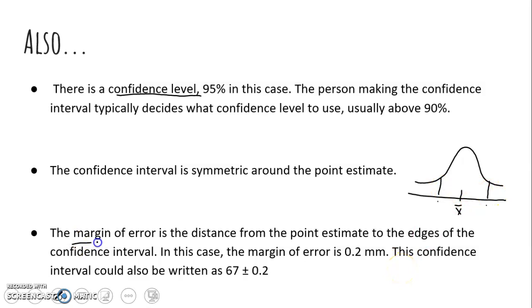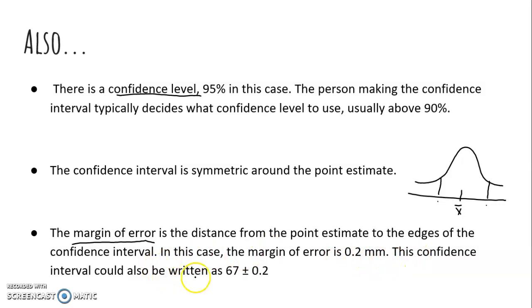Then we have something called the margin of error, and it's the distance from the point estimate to the edges of the confidence interval. So this distance here that I was just talking about, that is your margin of error, and the margin of error is also over here. For the confidence interval stated earlier about the iPhone cases, the margin of error is 0.2 millimeters.